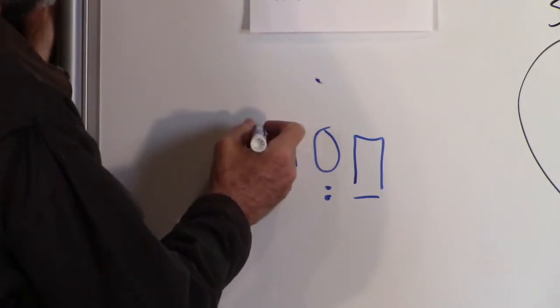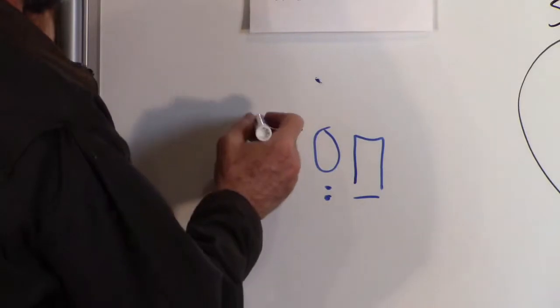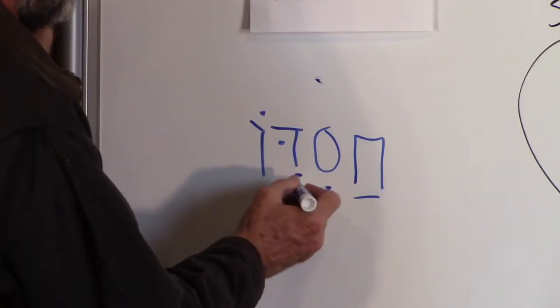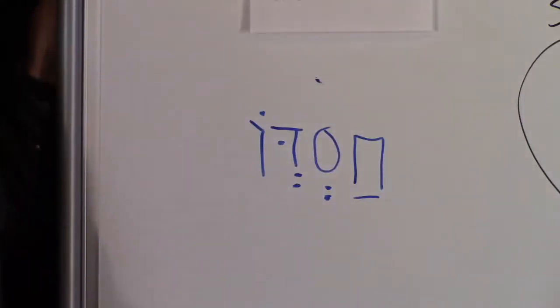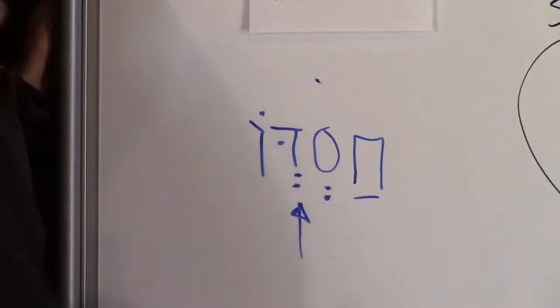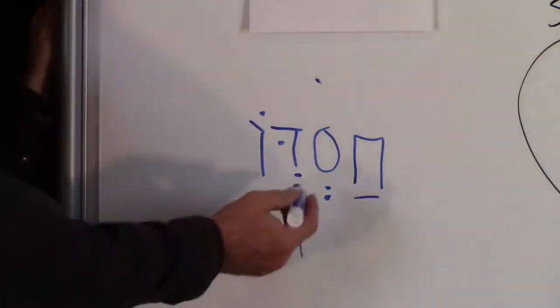Sorry. Let's put a schwa there, like that. Then the next schwa would actually be vocal. When you have two schwas right next together, the second one would be vocal.